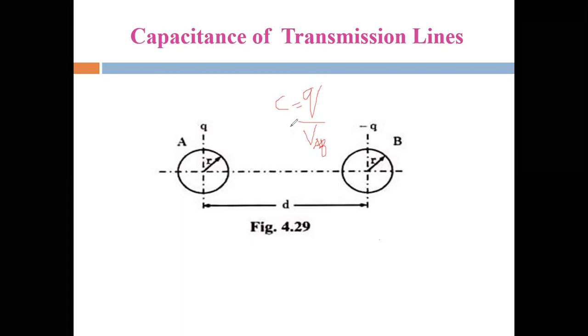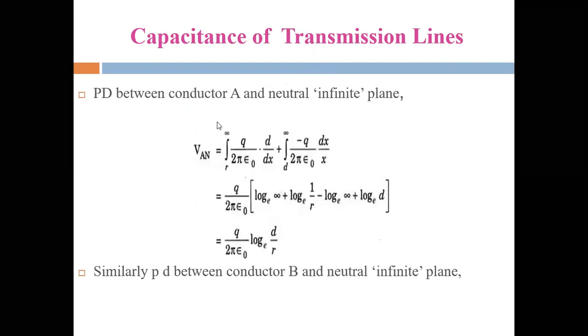Then we calculate the overall capacitance of these two parallel conductors. First we calculate the potential difference between these two conductors A and B by using the previous derivation.